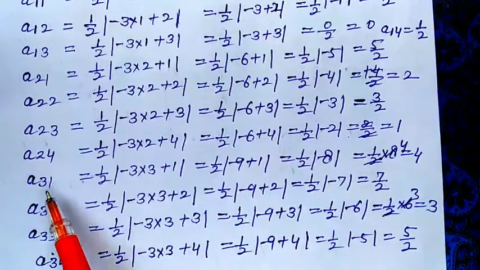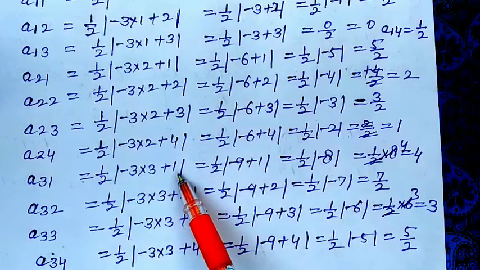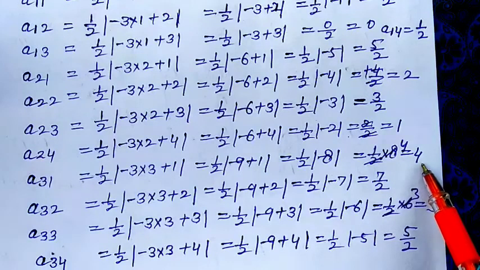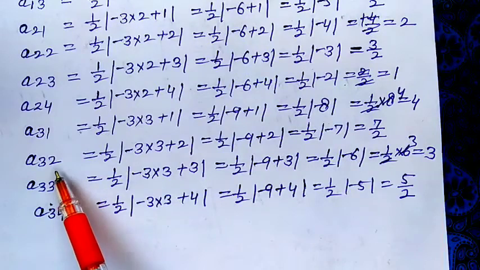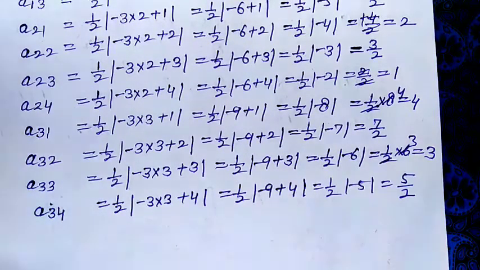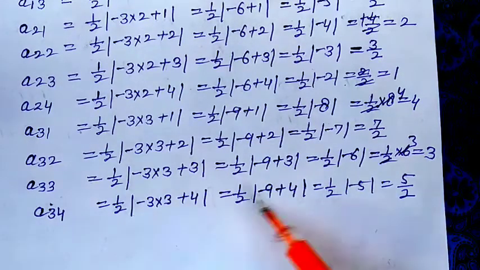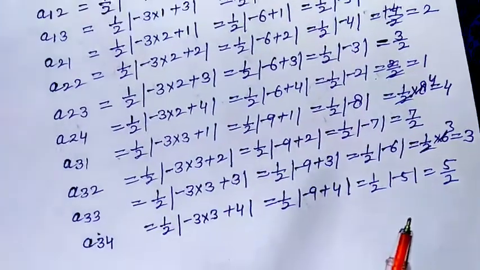Same as A31, we put 3 in place of i and 1 in place of j. After solving we get 4 here. Same, A32 we got 7 over 2, A33 we got 3, A34 we got 5 over 2. So these are the elements here.